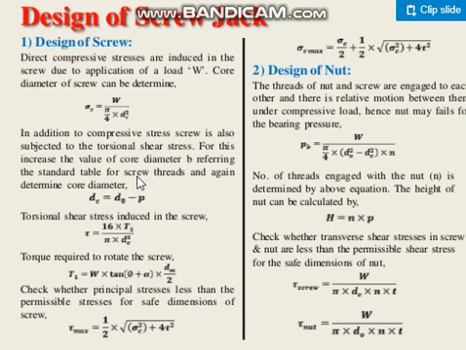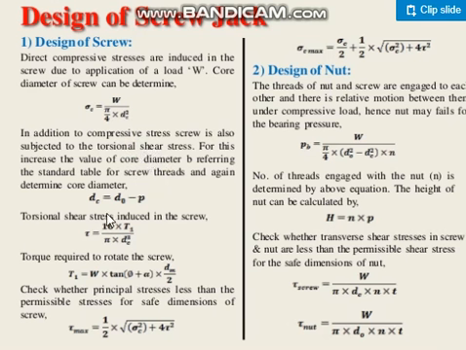Suppose in our problem you got some 20 for DC, then you may have to take a higher value like 30, 35, 40, so that it will be able to bear this torsional shear stress also.